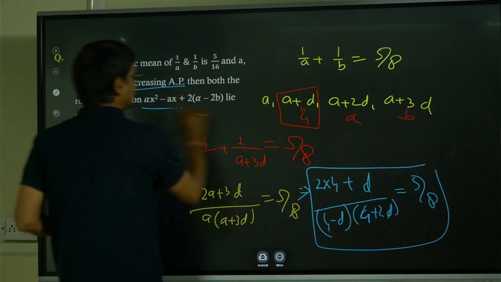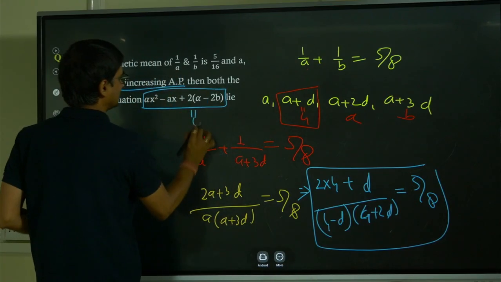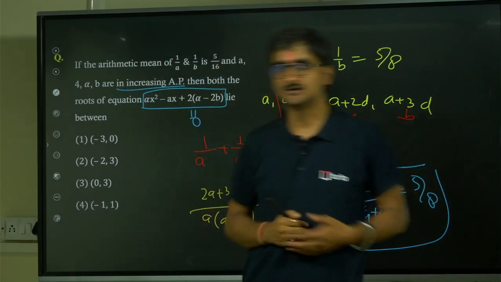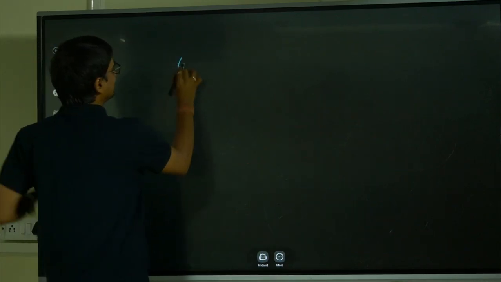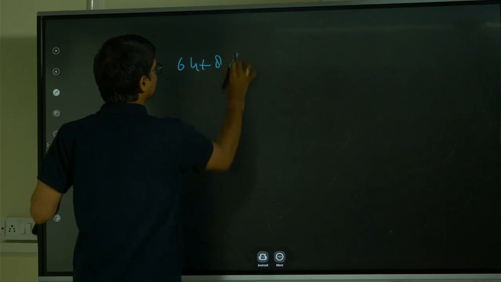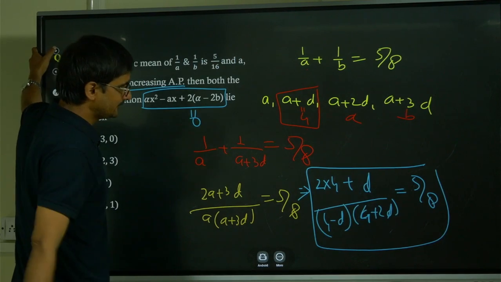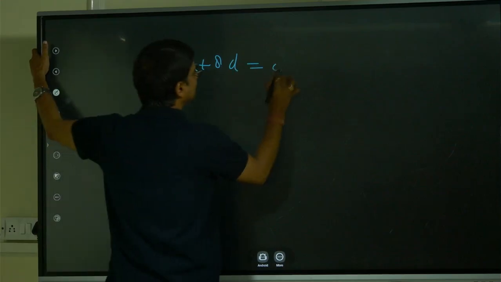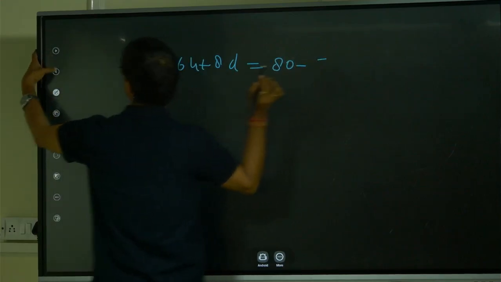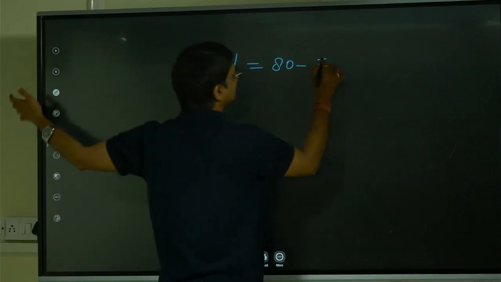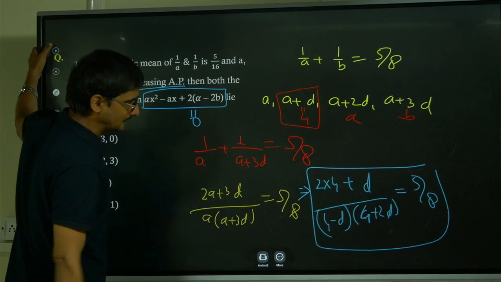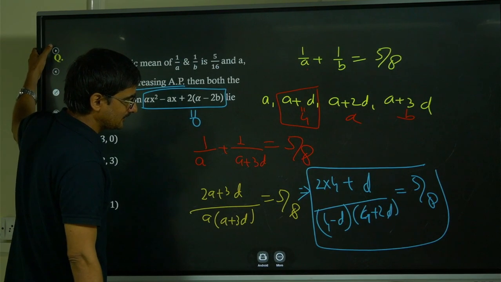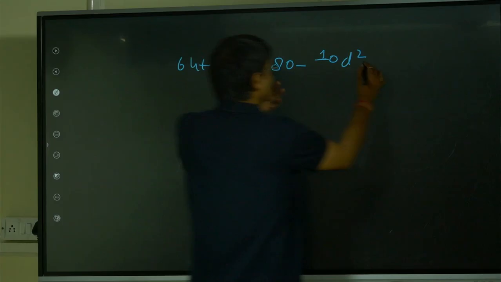And then you have to check in which interval the roots of this equation lie. How can you check it? Shall I do it in that case? Wait, let me try quickly. 64 plus 8d is equal to 4, 4, 16, 80 minus 2d square minus 10d square, then minus 4d, 8d plus 4d plus 20d.